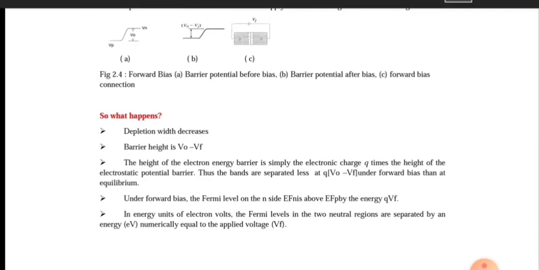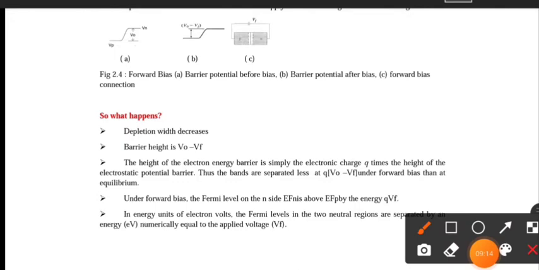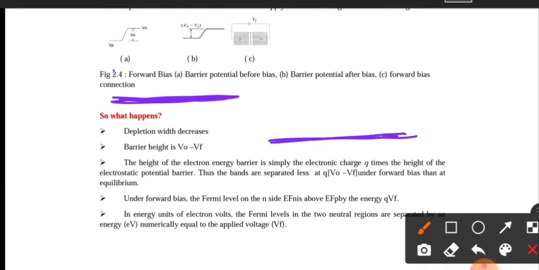So fourth point, under forward bias, the Fermi level on the N side, EFN, is above the Fermi level of the P side, EFP. So just now I have drawn the same here. So the Fermi level of the P side is here, and the Fermi level of the N side will be like this.